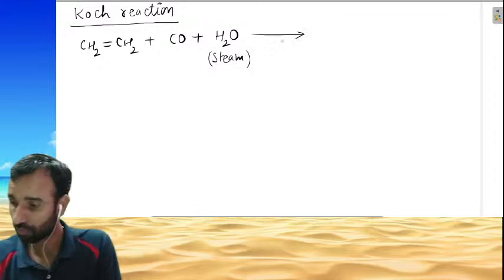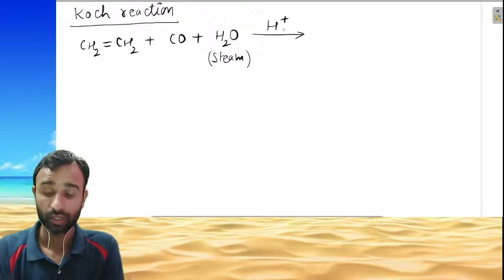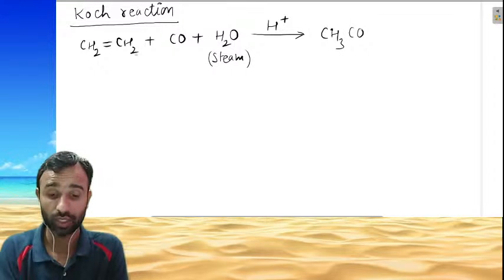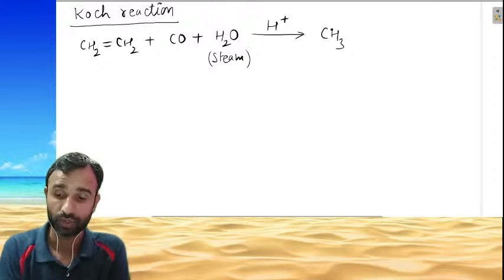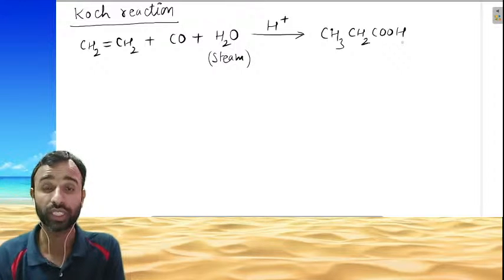Carbon monoxide and steam is passed through it in acidic medium. So we get CH3, CH2, COOH. Propanoic acid. Means one carbon atom is increased.